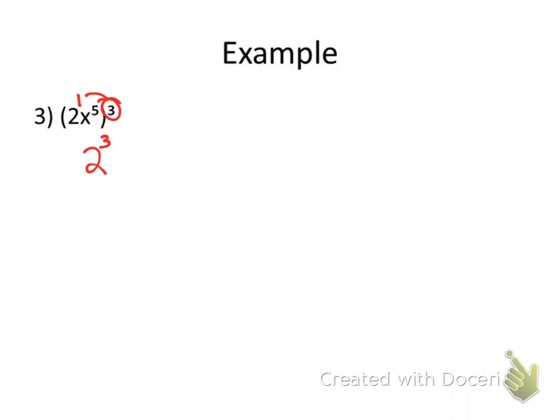So 2 to the 3rd, x to the 15th. 2 to the third is 2 times 2 times 2. So 2 times 2 is 4 times another 2 is 8. So 8x to the 15th.